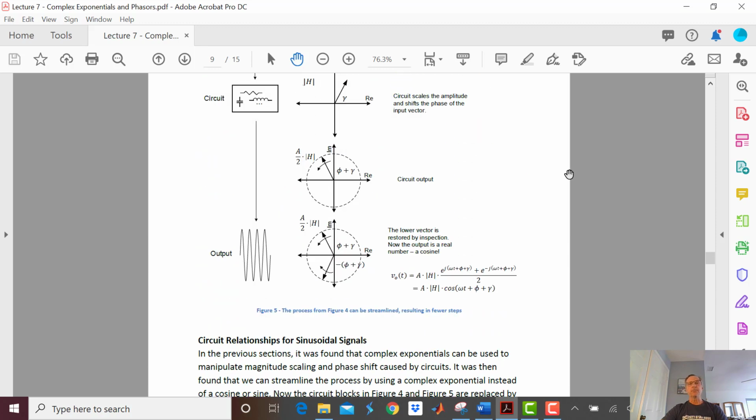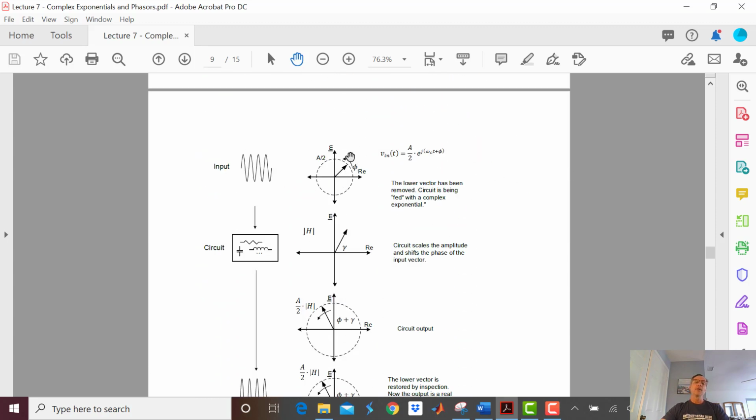Now, what I really mean by that, in this representation, I'm not feeding the circuit with a cosine. I'm feeding it with a complex exponential of A over 2 e to the j(omega t plus phi). And this is the basis for why in journal articles and textbooks they say we're going to feed the circuit with a complex exponential.